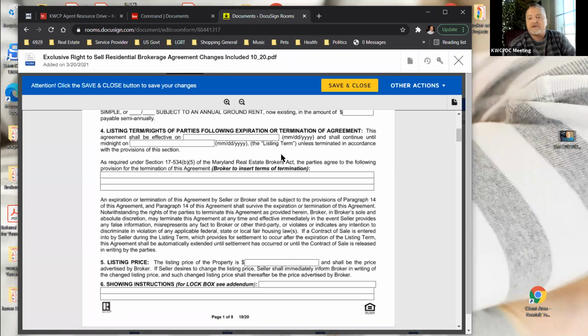Can we tell him or her how to proceed in terminating that listing agreement with the previous listing agent? Can we be coaching him? Can we be advising him? Can we be telling him anything about how to do that?